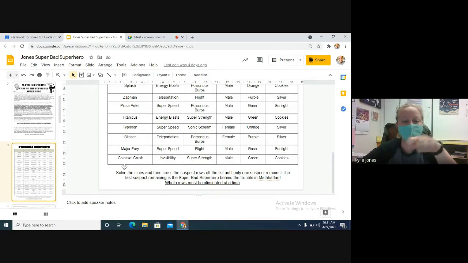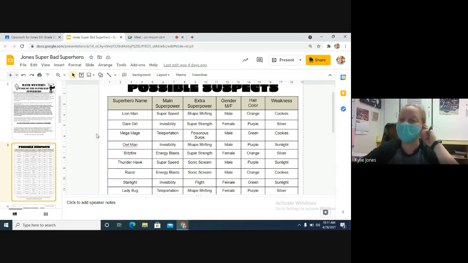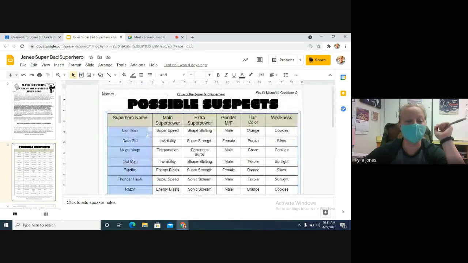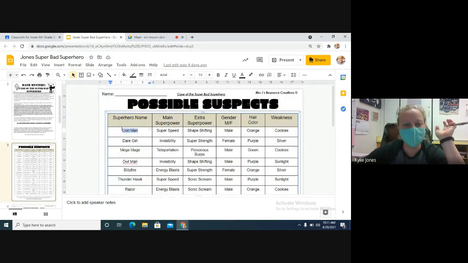So at the bottom of this page, you solve the clues, which are on the next couple of slides, and then you cross out the suspects off of the rows on the list until only one remains. So let's say it says that it's not someone that can shapeshift, then you can cross off all of, well, hang on. You can highlight the words, and you can maybe make them red so that you know it's not the person, or put it green if you know it is the person.